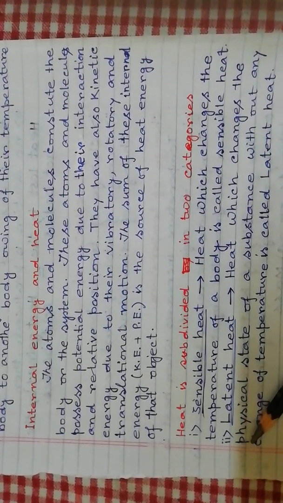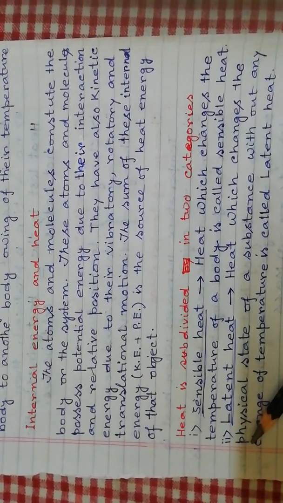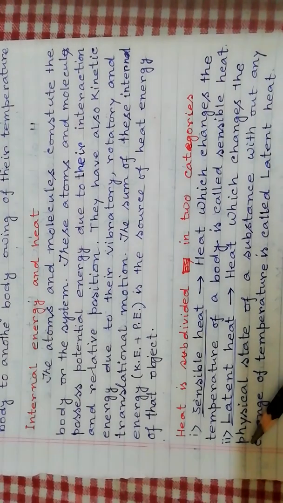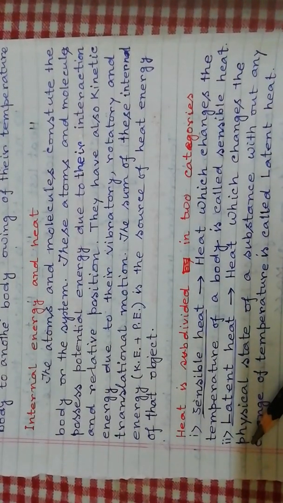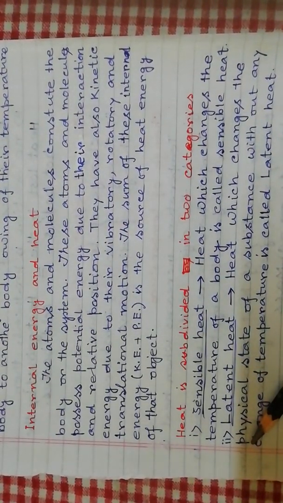Atoms and another atom have an interaction force, which is known as the cohesive force. Molecule to molecule, there is also cohesive force. Due to the interaction of these forces, the atoms and molecules have potential energy.